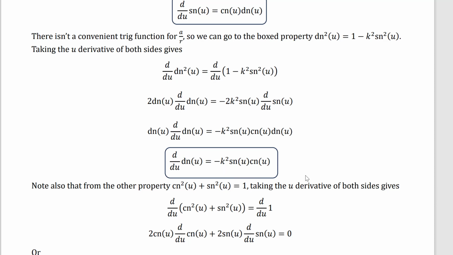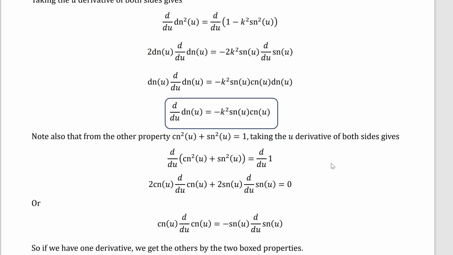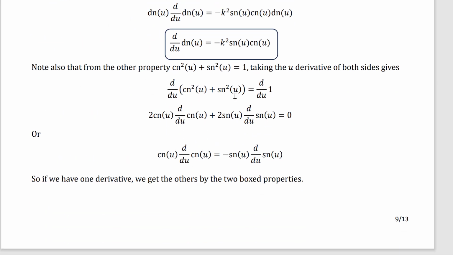So once you have the two properties and the derivative of any of the three Jacobi elliptic functions, you get the other two. And so that's where you get the other two from the other property. So that kind of characterizes the Jacobi elliptic functions. The two properties and then these derivatives, the values.